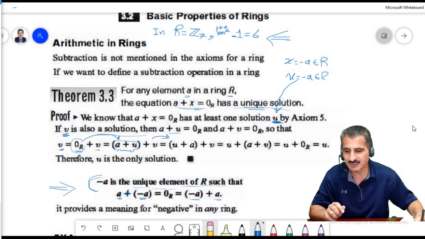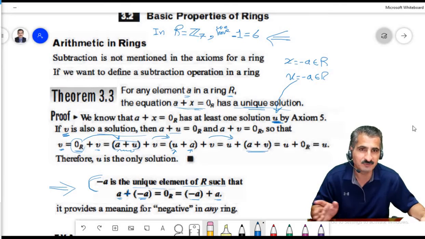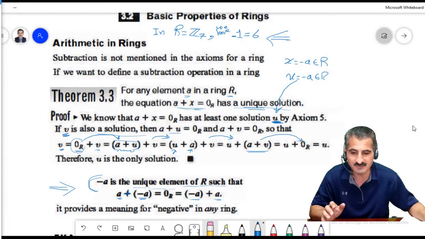So I changed the places of U and V. Now from here to here we use associativity of addition. So we add A plus V at the beginning, but we assumed V to be another additive inverse of A, so that equals 0, and we got U plus 0, which is U.